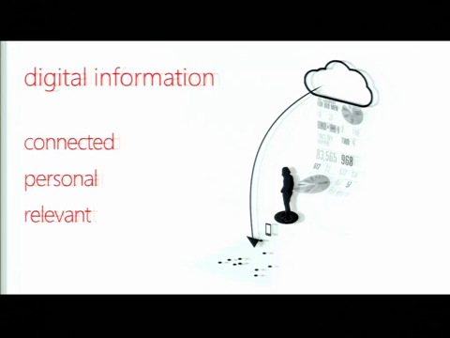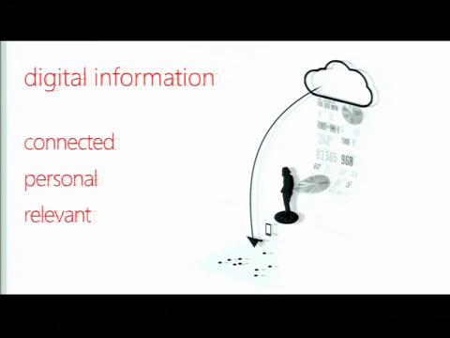So it is connected because now information can hook you up with other people, other contacts that you know, or even other software that understands some of your needs. It is personal because it's no longer the same information provided to everyone. It's tailored to your personal needs, and it's also relevant because it's not provided at any random time. It's provided to you at the time that you need it.